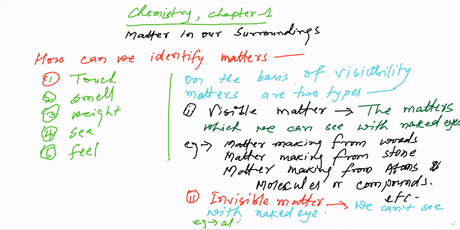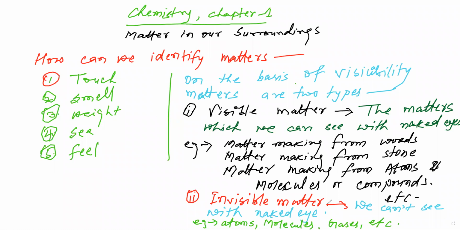Atoms you can't see, molecules you can't see, gases you can't see, etc. These are examples you can't see with your naked eye.